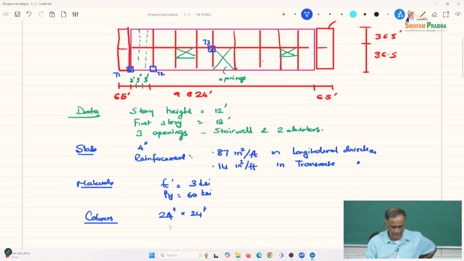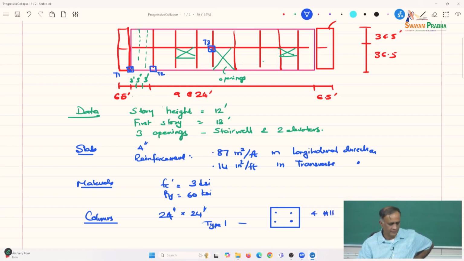We had type 1 or T1 is an edge, and these reinforcement details are provided. These are your normal design reinforcements.